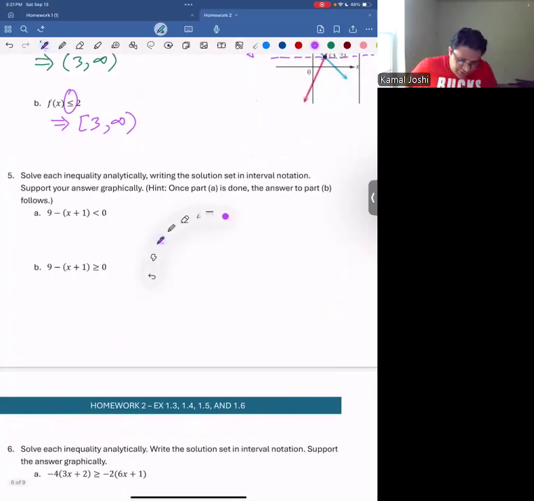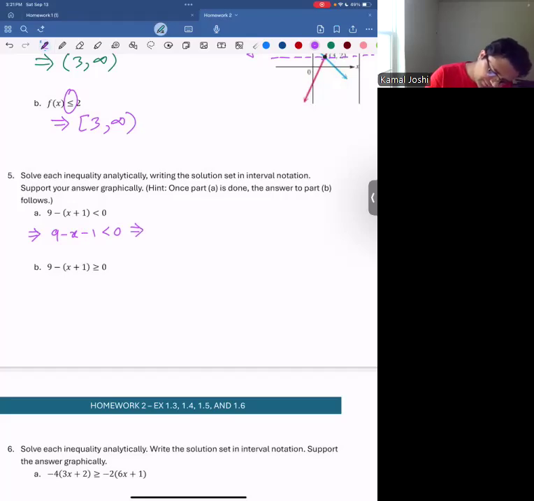Solve each inequality analytically, writing the solution in interval notation. I think that will be the main work. Graphically, we'll see 9 minus x minus 1 less than 0. And that, if you simplify, becomes 8 minus x less than 0.